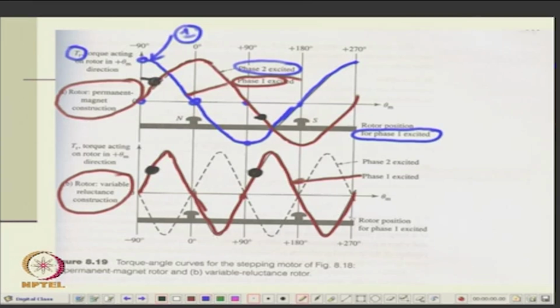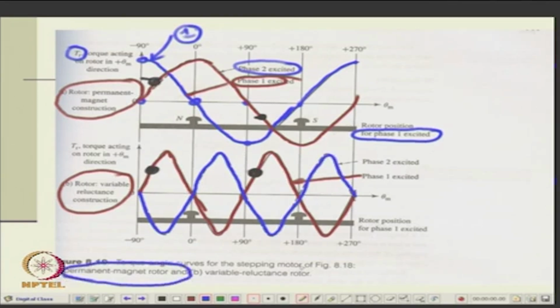And obviously, the same thing will happen with two excited, the torque experienced will have a different pattern. Because there is a difference between the PM motor and VR motor torques, I want you to verify and check this.